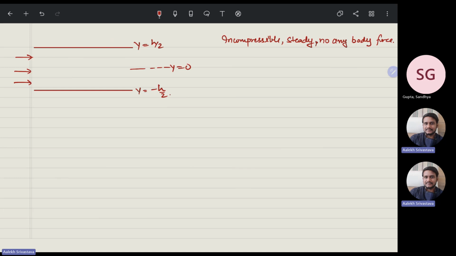Okay, so I should write all the equations. So the continuity equation for incompressible flow is, yeah, it's a two-dimensional flow. The flow is happening in x and y direction only.